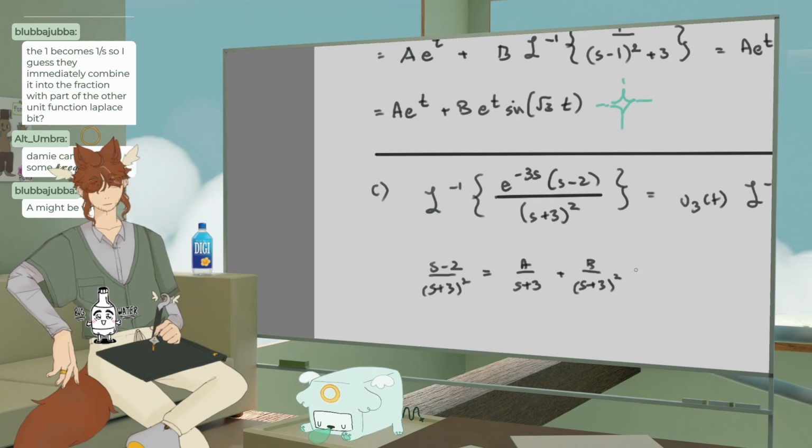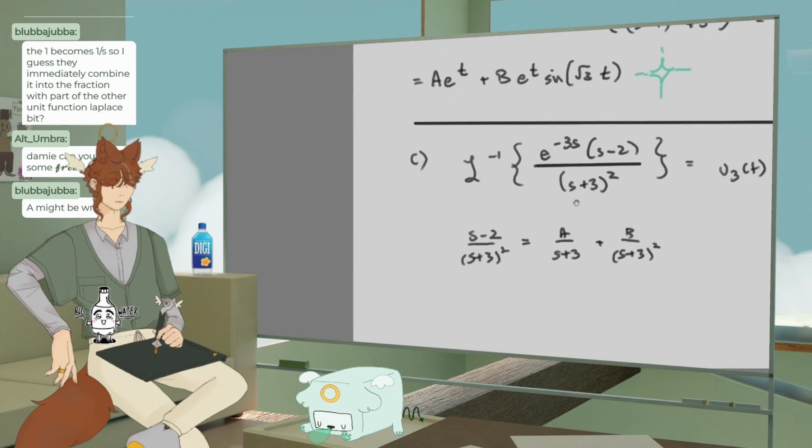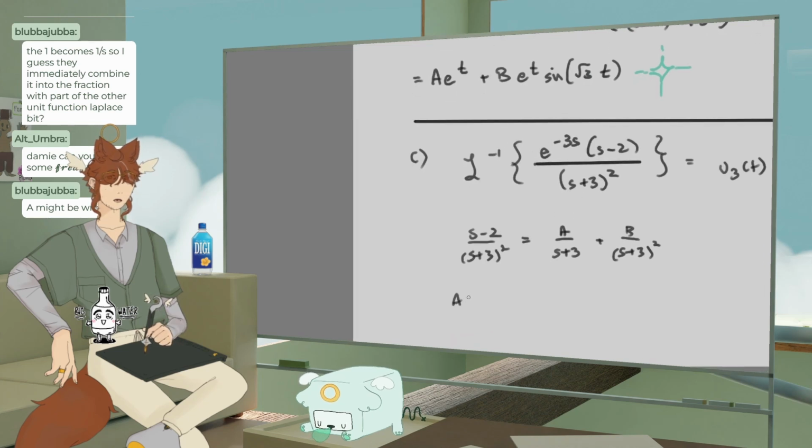Okay, wait, yeah, it'll be a s plus 3 for a, and then b. Wait, isn't that just a s plus 3a? Plus b over s plus 3. Oh no, we multiply by... wait, won't that just be plus b?